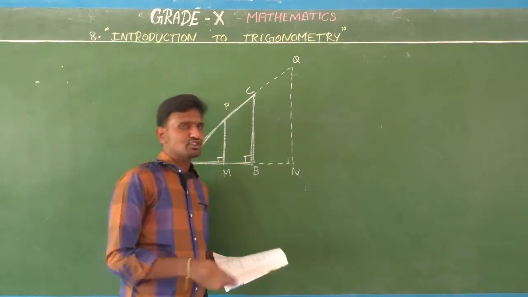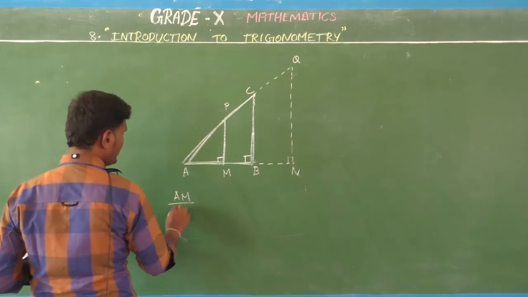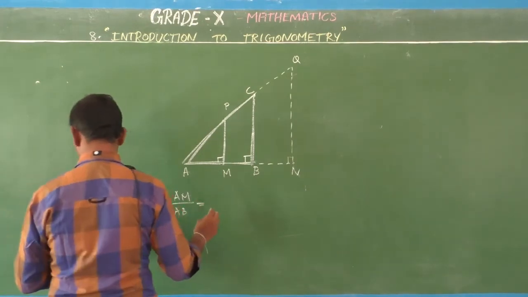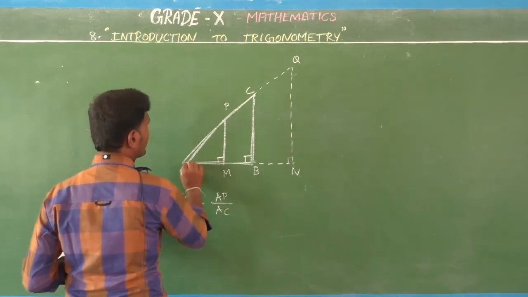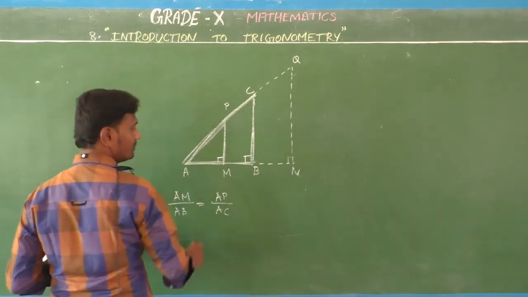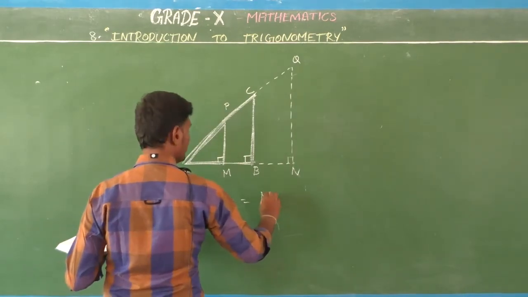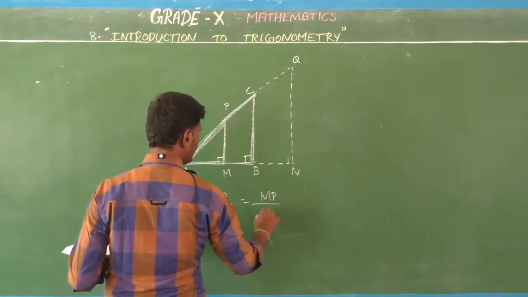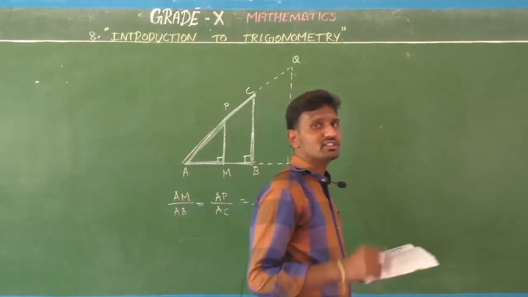So AM by AB is equal to AP by AC, which is equal to MP by BC. Okay, so from that proportional concept, I am giving you one thing.